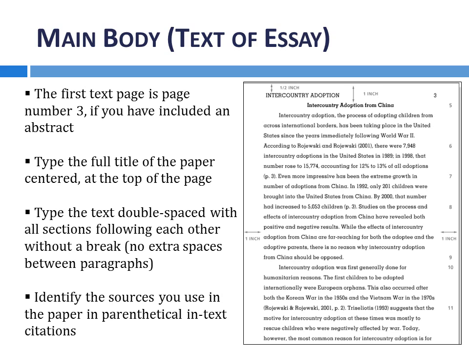Your text is double spaced with all sections following each other without a break. No extra spaces will be between paragraphs. And you'll identify all of your sources with parenthetical in-text citations. And we can see some of these throughout this sample paper that is displayed on the screen right now.